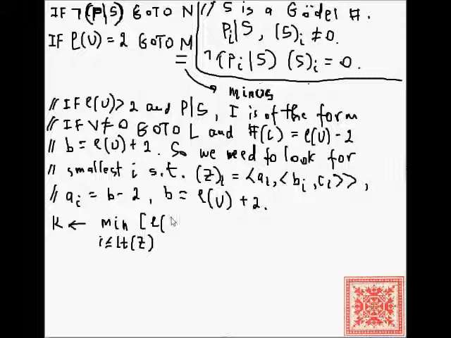Z is the source code, so you can review the screencast on the length of natural numbers on this channel. We're looking for L of z sub I, so in other words, A of z sub I plus 2 is equal to L of u.